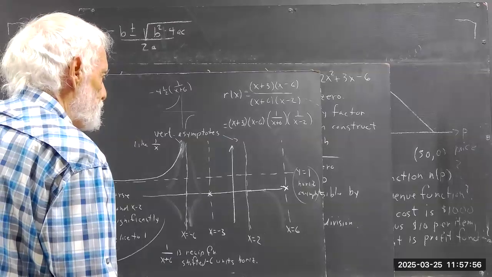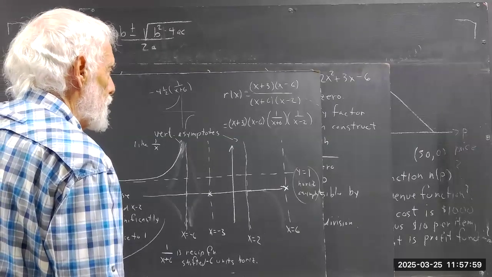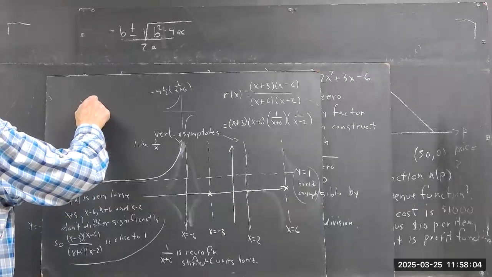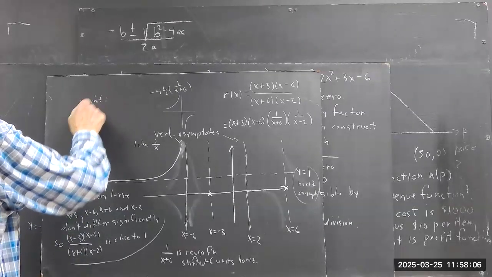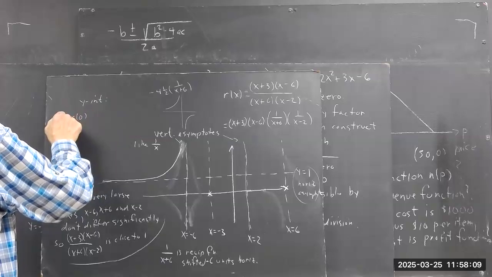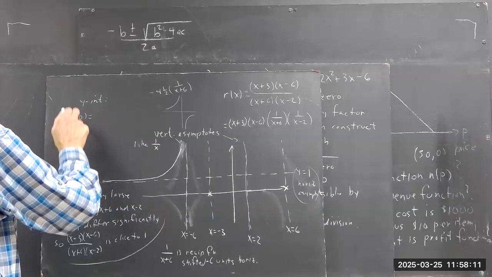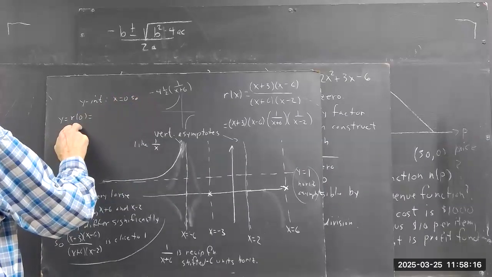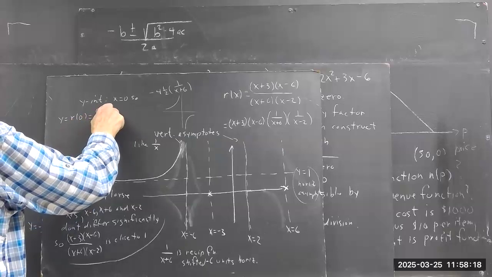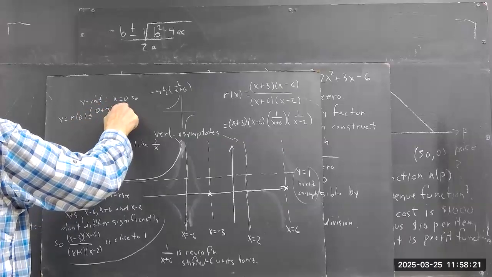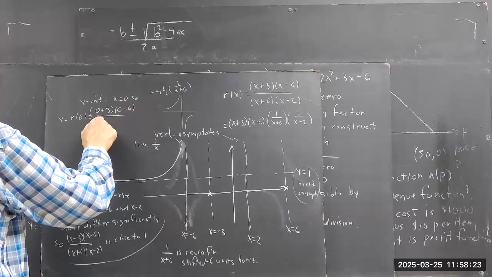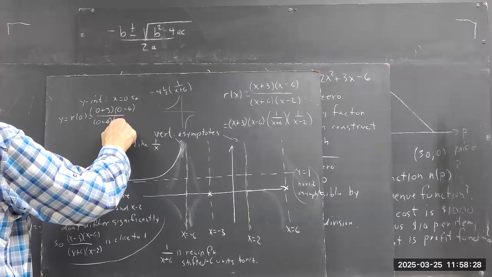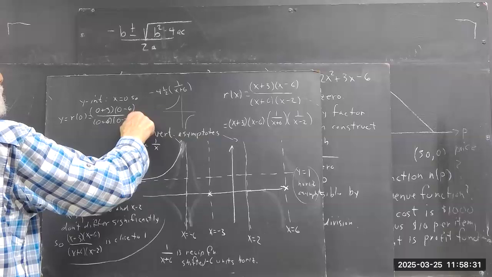The one thing I didn't do is specify the y-intercept. That occurs when x equals 0. So y equals r of 0, which is (0 plus 3) times (0 minus 6) divided by (0 plus 6) times (0 minus 2).